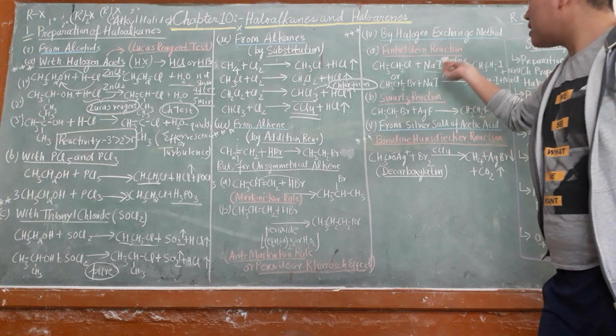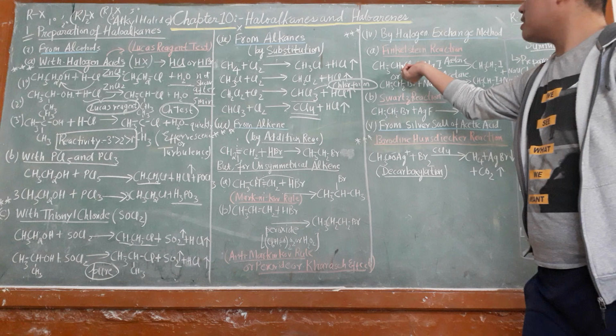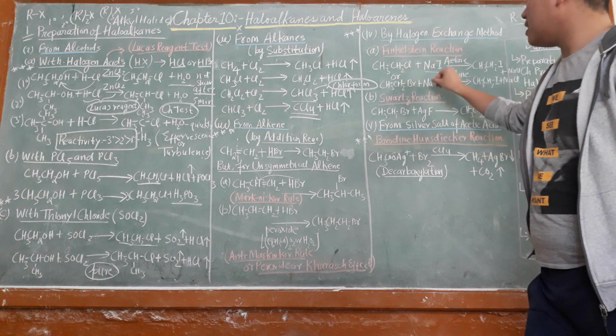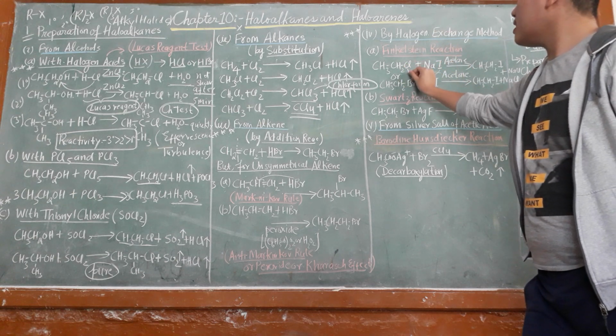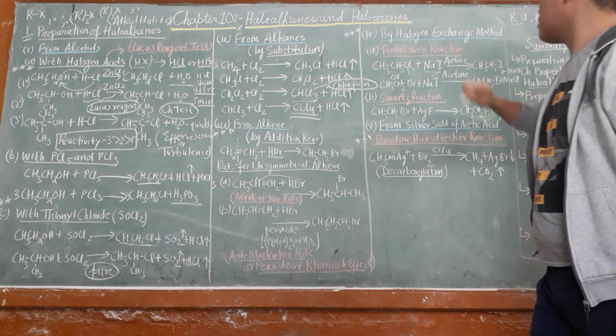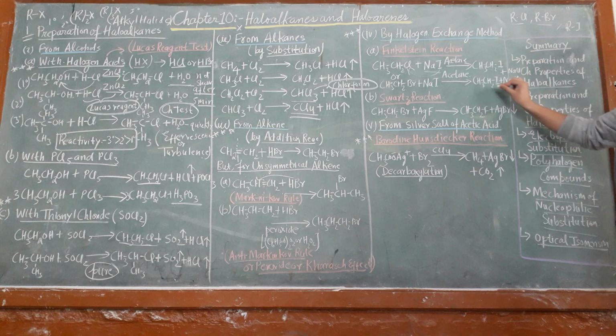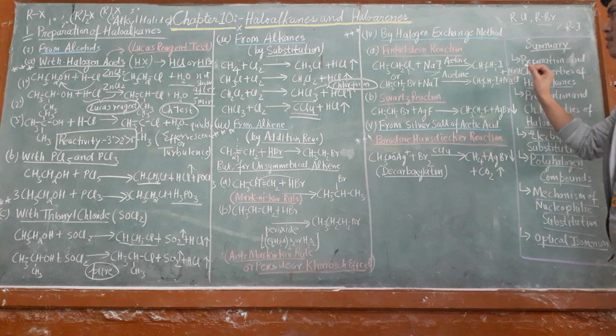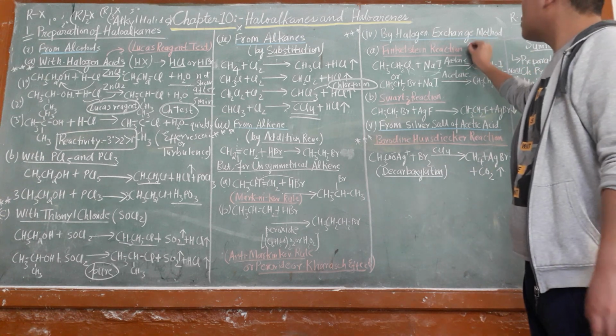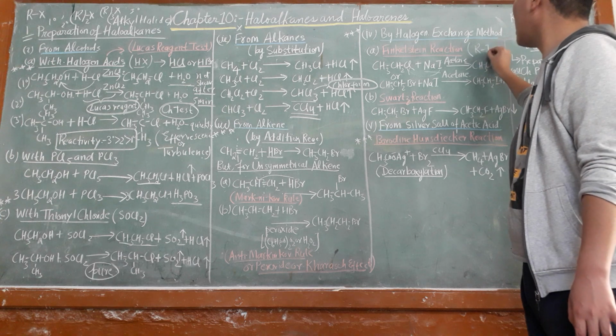So CH3CH2Cl or Br reacts, and iodide substitutes chlorine. Very easy. So CH3CH2I, plus NaCl as the byproduct. So the Finkelstein reaction will produce RI, alkyl iodide.